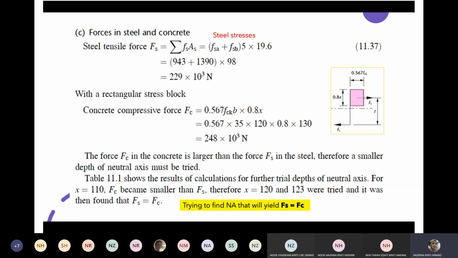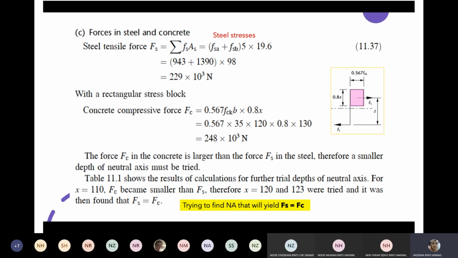After we have considered these two stresses, we have FSA plus FSB, then multiplied with 5 times 19.6, which is 98. You can see here we are using 943 and also 1390 from the previous calculation. So the steel tensile force, Fs, is 229 times 10 to the power of 3 Newton.